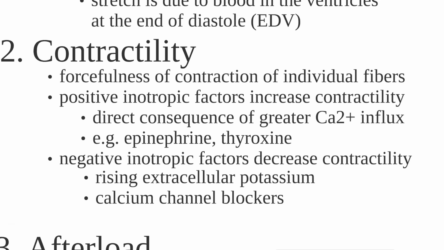Now, here we see two bullet points that are positive inotropic factors and negative inotropic factors. Inotropic is referring to the ability to make the cardiac muscle contract. And so positive inotropic factors are those that increase contractility. And it's anything that's going to increase the influx of calcium ions.